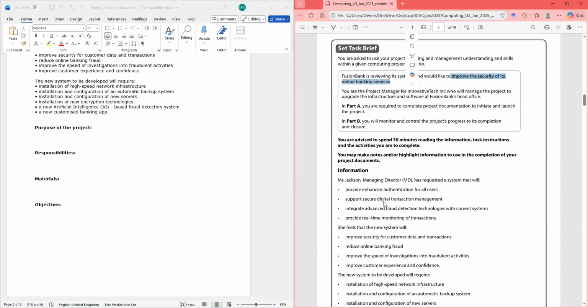So that's also the purpose of a project. So you have to go over now and see the purpose of a project, meaning why are we creating the system? And the system will provide enhanced authentication for all users, fraud detection, and real-time monitoring of transactions. That's the purpose of a project.